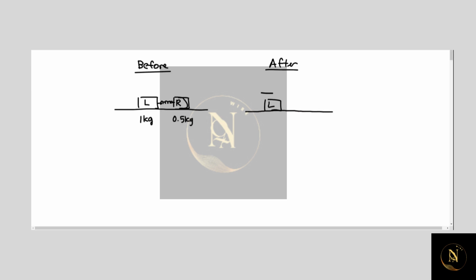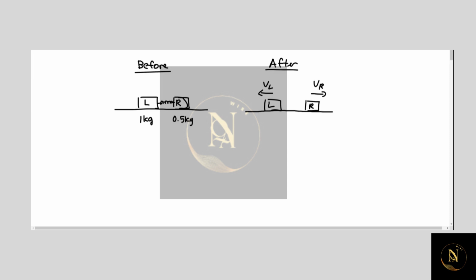L moves to the left with a speed VL, and R moves to the right with speed VR. We are given that VL is 1.2 meters per second relative to the floor.